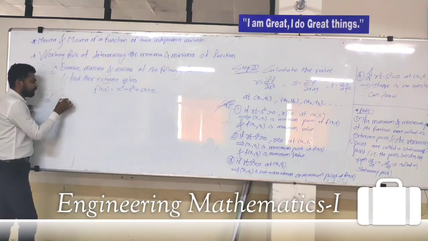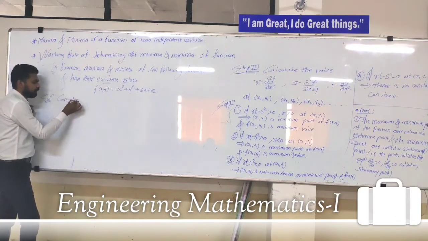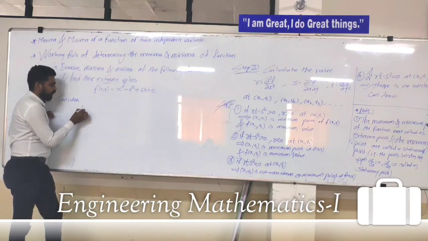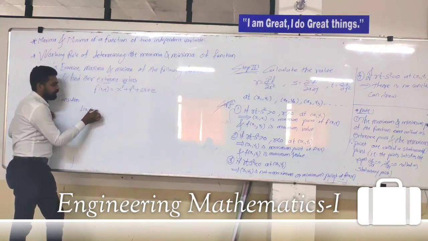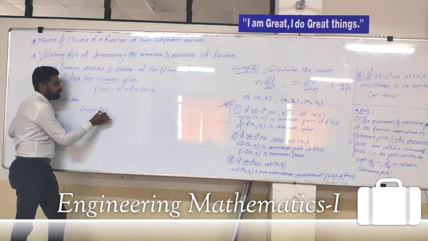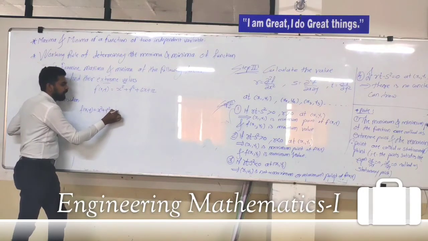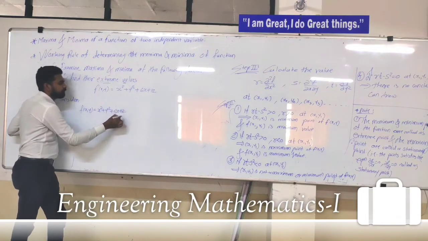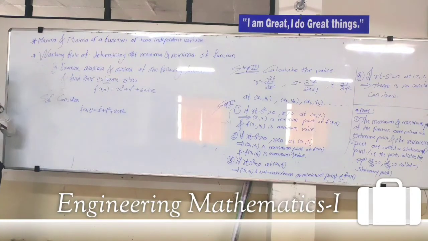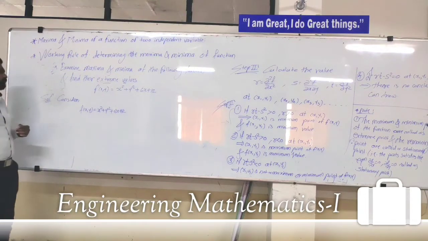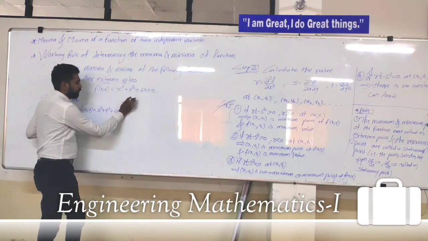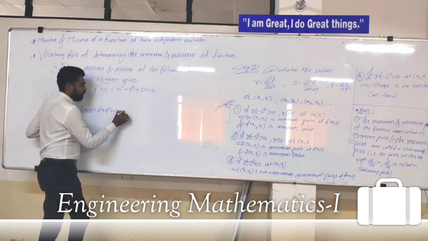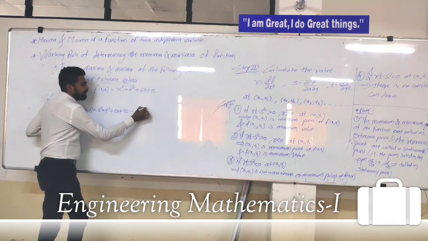So to the solution, we first consider the given function. Consider f of xy is equal to x square plus y square plus 6x plus 12. Denote this one as equation number 1.